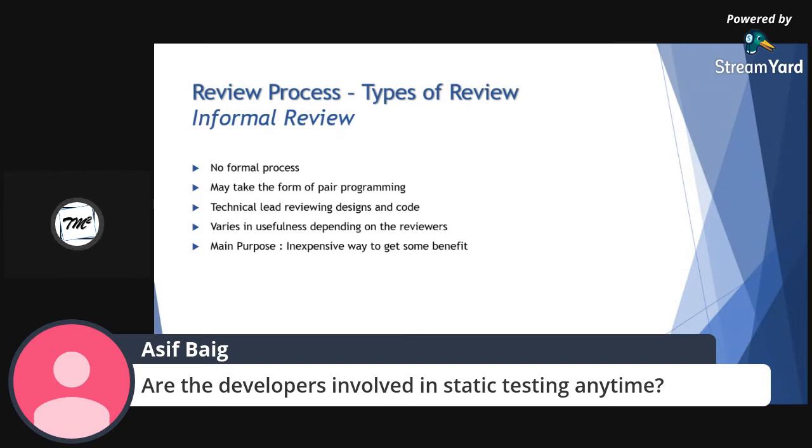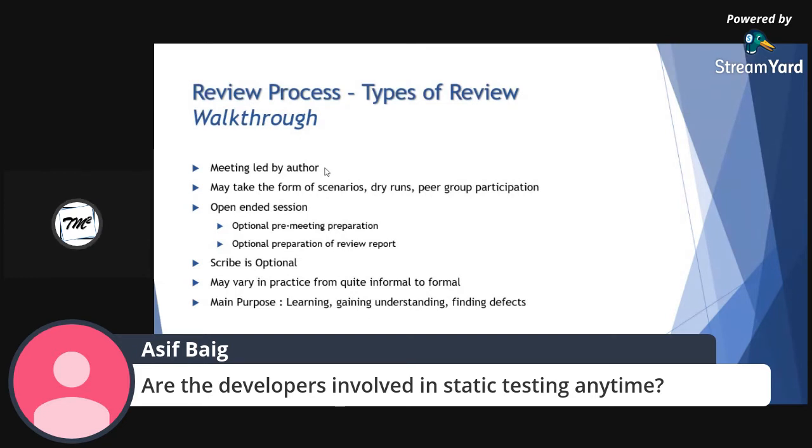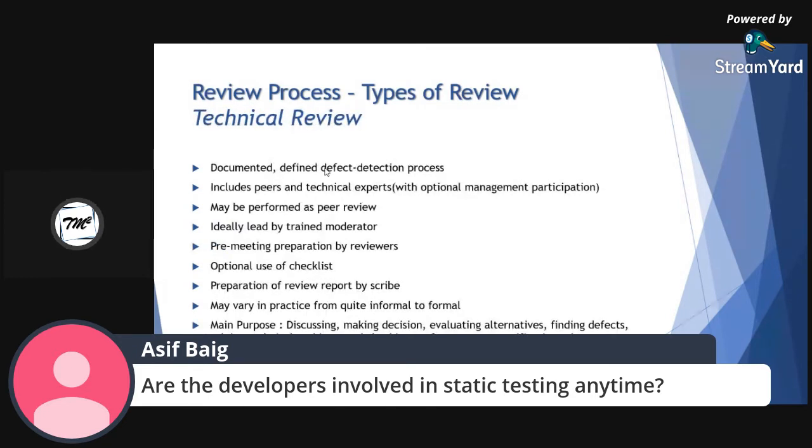Now, when you say unique points, you need to remember the first point of each type of review in my tutorial is the unique point about each type of review. For example, for informal review, it is no formal process. Walkthrough, meeting is led by author. Technical review involves technical experts and it is documented, defined defect process.